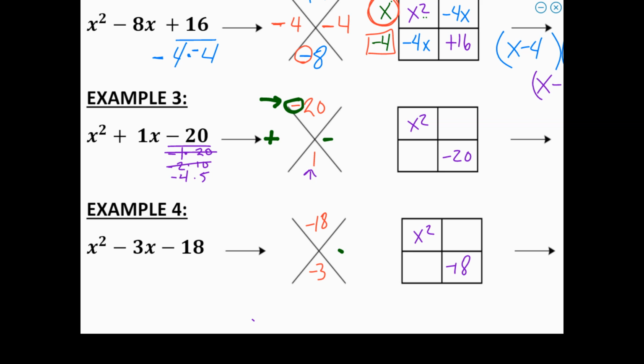Does that work? Yeah. So positive 5 and negative 4 will add together to give me 1. So now I know over here in my boxes, I'm going to have positive 5x and negative 4x.